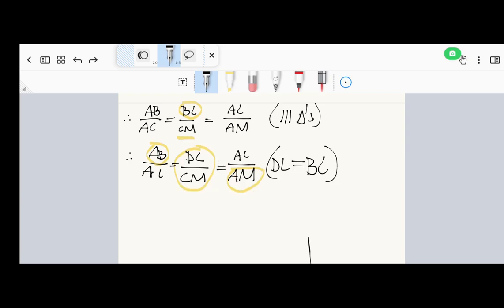So I'm going to say DC divided by CM is equal to AC divided by AM. And now what I'm going to do is multiply both sides with AM. So if I multiply both sides with AM, I'm going to write it here, but I'm going to erase it in a second. They will cancel out.